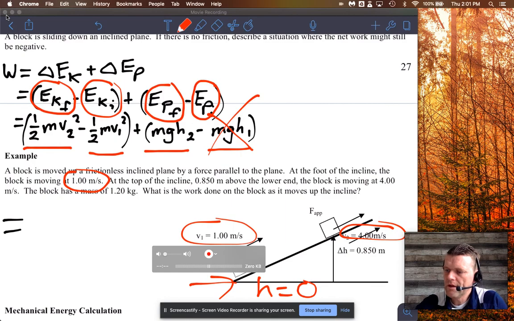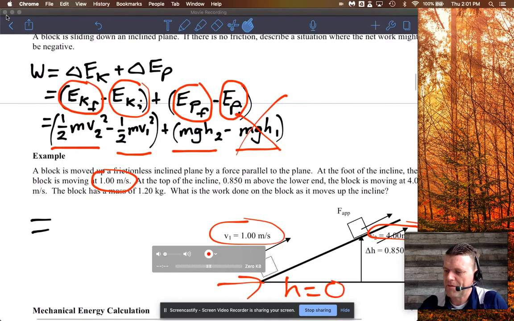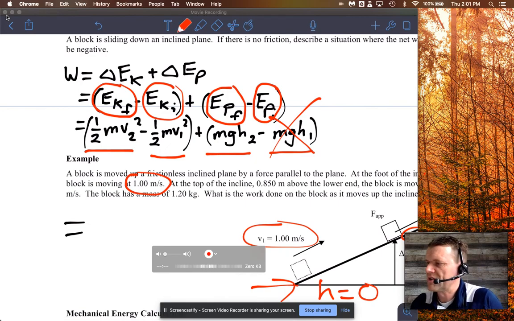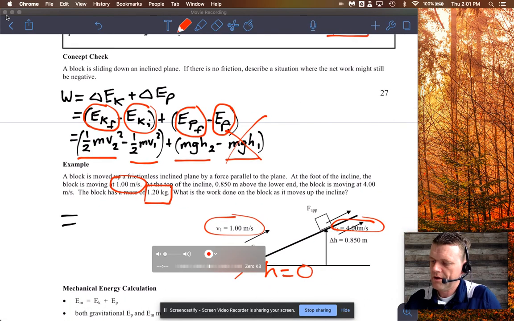So now I'm not going to punch in all my substitution here because I'm a little cramped for space, but I will say that if you calculate 1/2 times the mass, which is 1.2 kilograms, times the second velocity squared, okay?